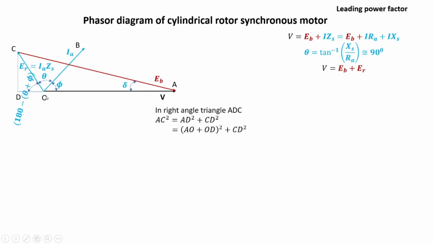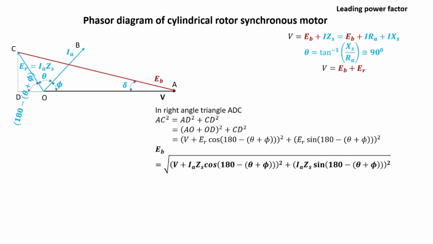So OD is equal to E_r cos(180 minus (theta plus phi)), and CD is equal to E_r sin(180 minus (theta plus phi)). Substituting, the expression for back EMF is obtained as root of [V plus I_a Z_s cos(180 minus (theta plus phi))] whole square plus [I_a Z_s sin(180 minus (theta plus phi))] whole square.